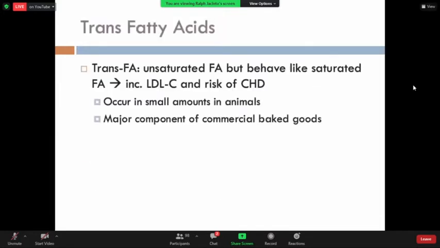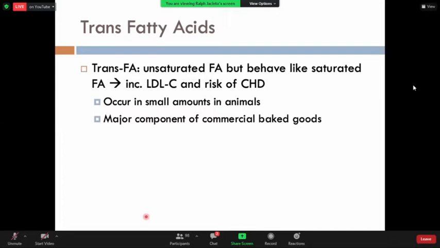Okay, and then we have your trans fatty acids. So these are your unsaturated fatty acids that behave like your saturated fatty acids. This one increases LDL and the risk for coronary heart disease.